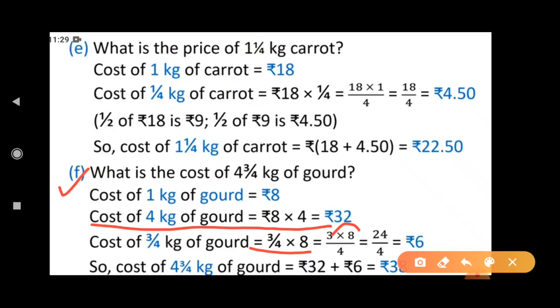Now total cost for 3 upon 4 kg of gourd, we will add these two numbers, rupees 32 and rupees 6. So we will get answer rupees 38. That is the price for 3 upon 4 kg of gourd.